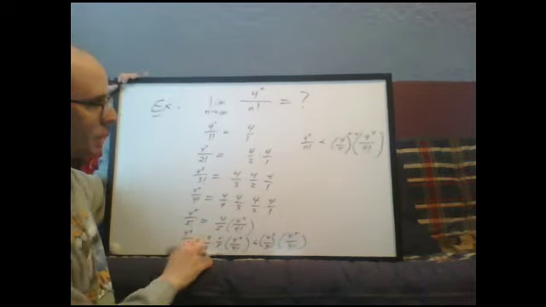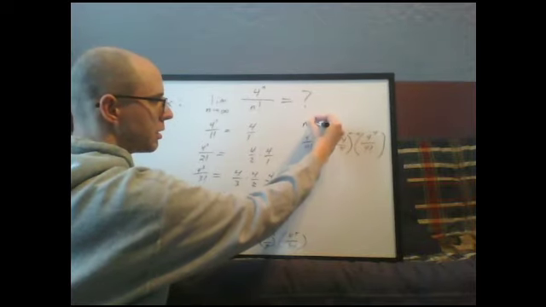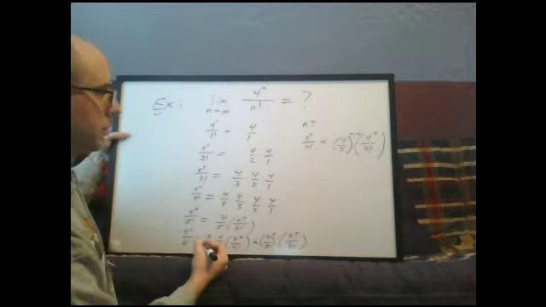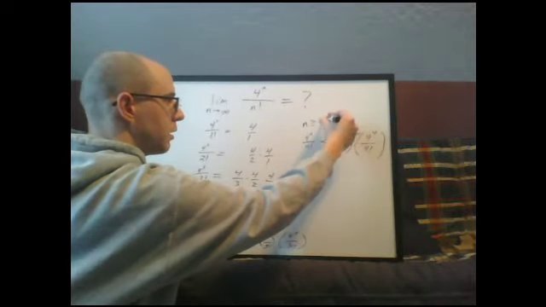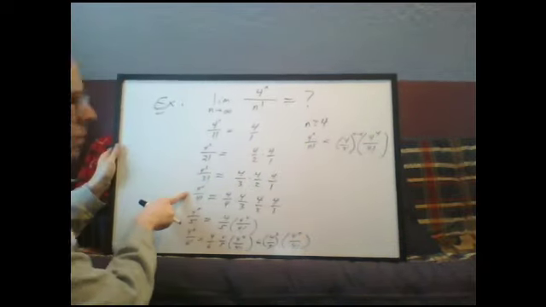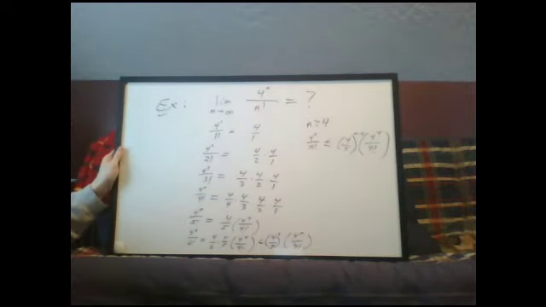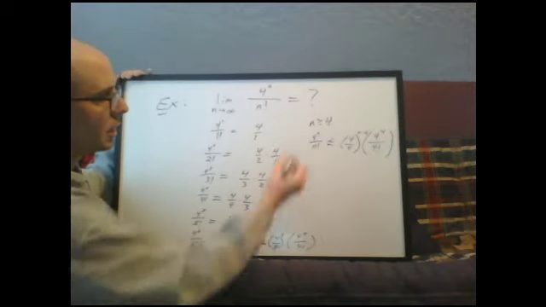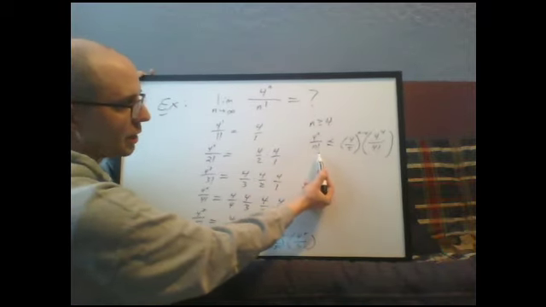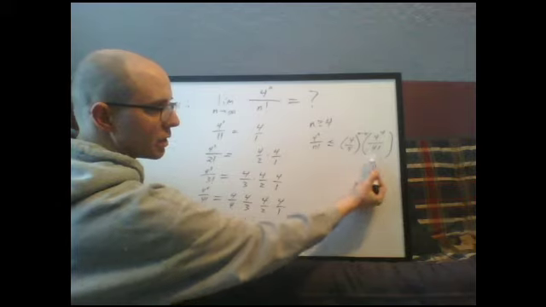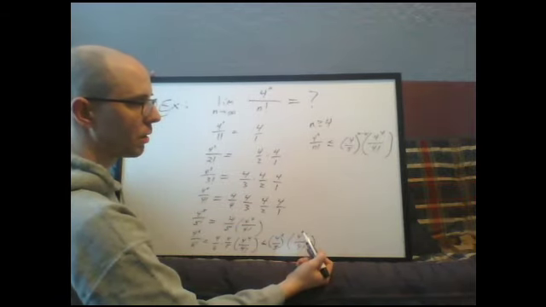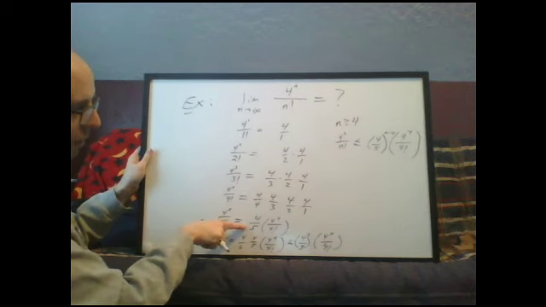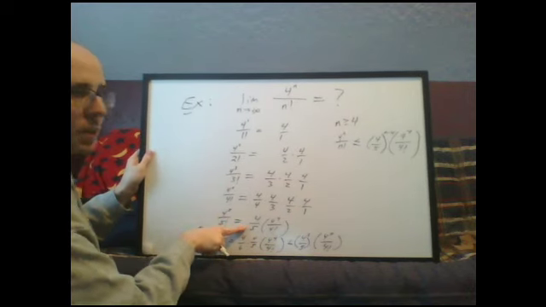So the pattern is for n at least 5, or really I guess 4, it works here as well. For n at least 4, this sequence is less than or equal to this, because at each stage, from this point onward, we're multiplying by something that's less than or equal to 4/5 each step.